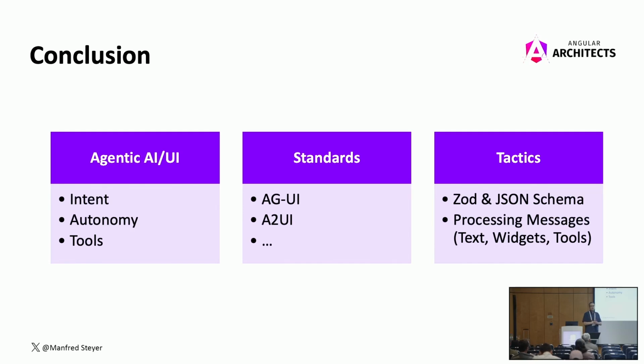Most people nowadays use Zod, because Zod can be converted to JSON schema and sent upwards to the LLM, so that the LLM knows what to trigger on the client side, what to invoke in terms of tools, what to invoke in terms of components, and also what to invoke on the server side in terms of tools. So it's all about schemas, and it's about processing messages. Messages telling us about textual answers, widgets to display, and tools to execute.